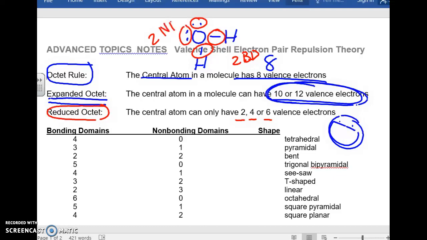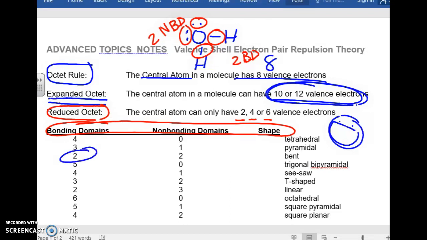Now, the way that I've drawn it means that I can see that it's a bent shape, but I can refer to a table of shapes as a function of bonding and non-bonding domains. In the case where I have 2 bonding domains and 2 non-bonding domains, it will assume what we call a bent shape, or also it's called angular. These are both synonyms, they mean the same thing.